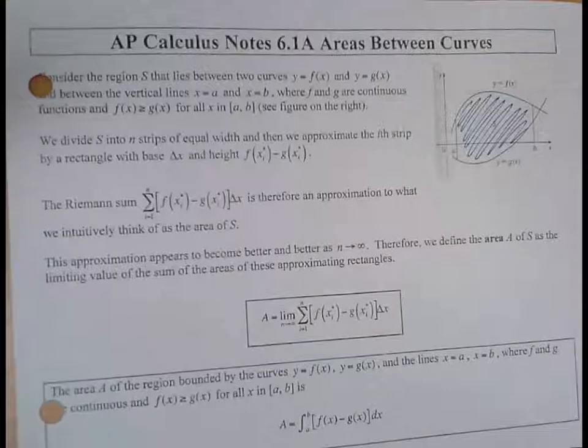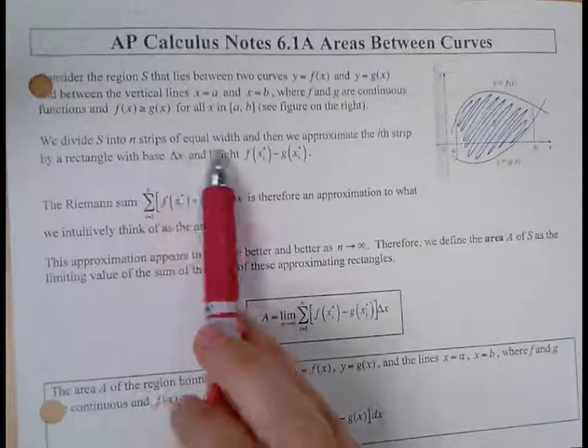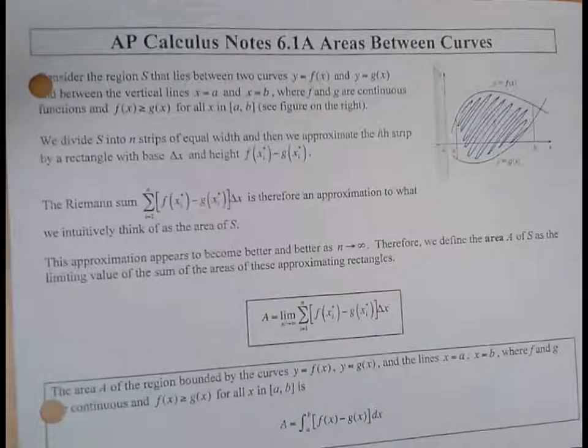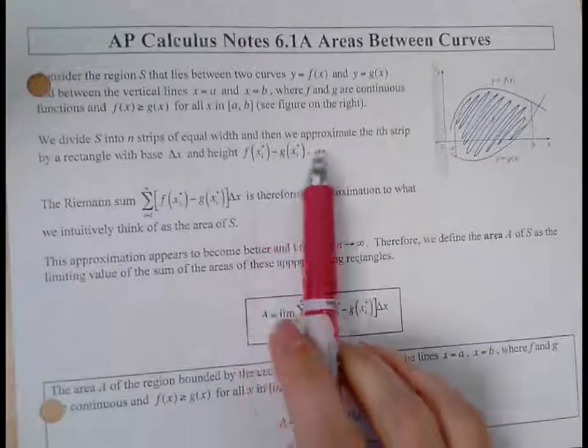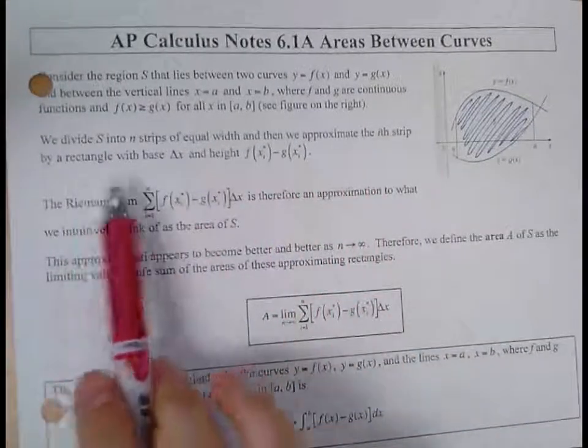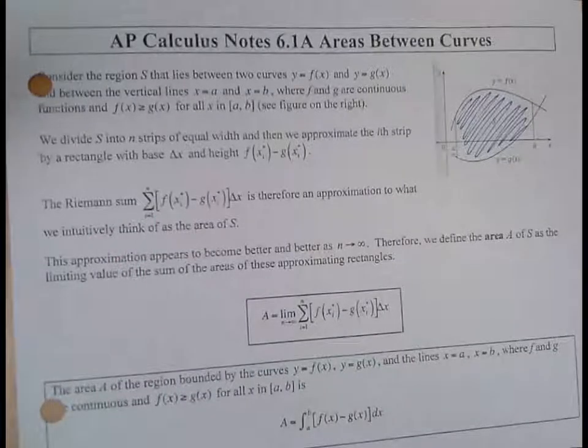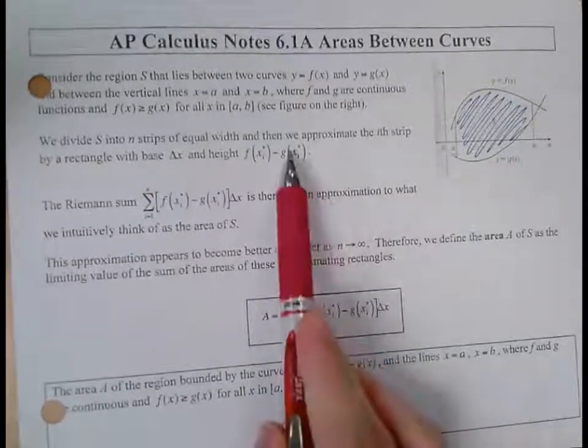So talking about this, we first started out chapter 5 with finding the area underneath a curve but also bounded by the x-axis. Here our two bounds are two curves, not just the x-axis. So if we divide this region into n strips of equal width, this is getting back to the idea of approximating rectangles. We approximate the ith strip by a rectangle with base delta x, and then this would be how you would calculate the height.